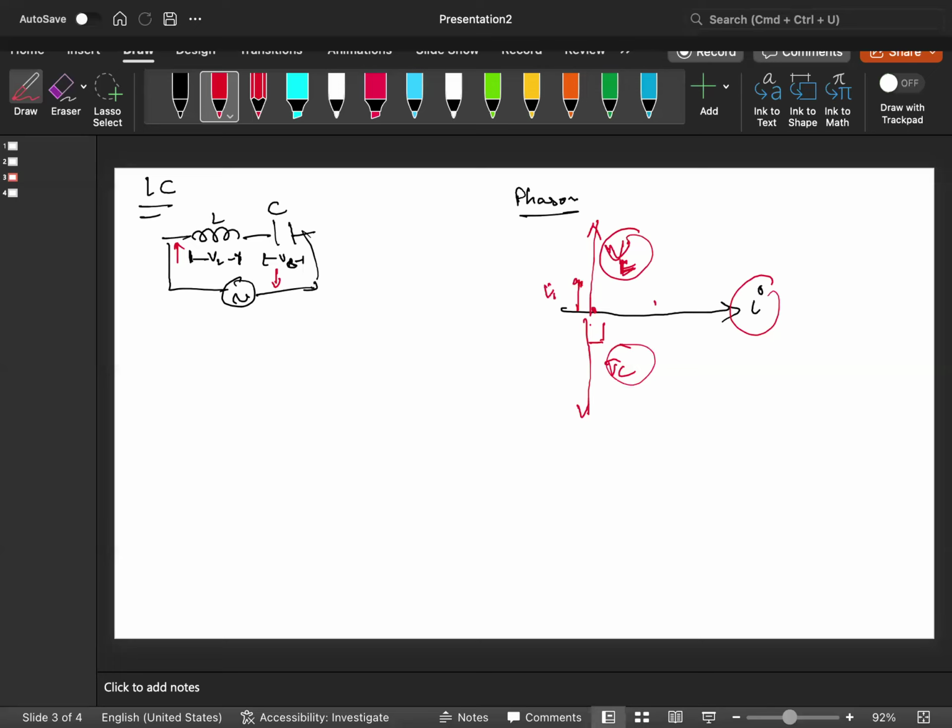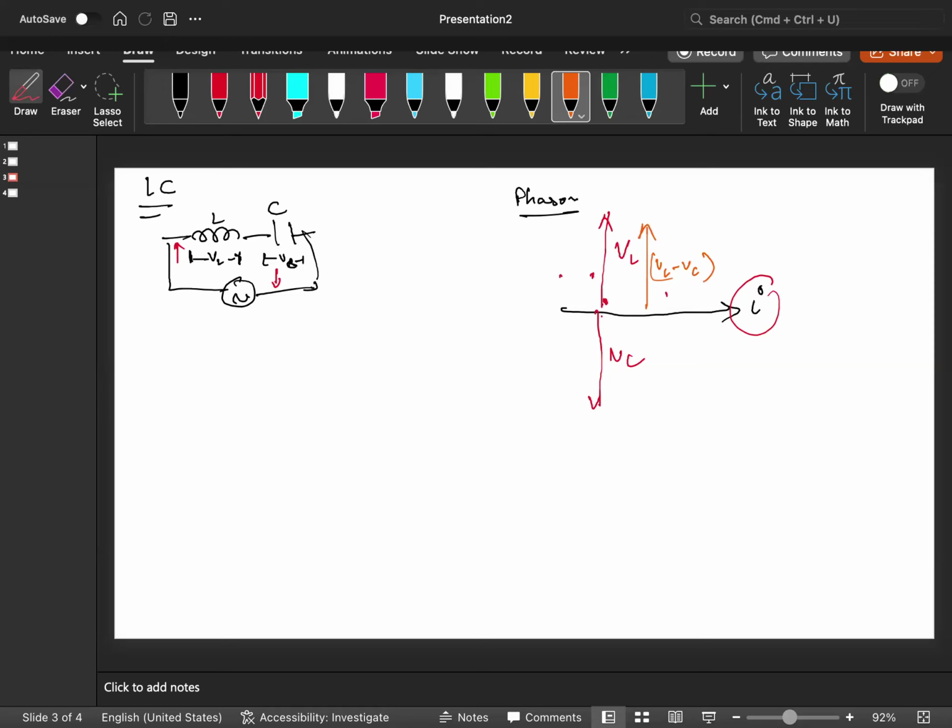If VC is greater than VL, then you will be having the downside, VC minus VL. So the net voltage at the end of the day is VL minus VC.